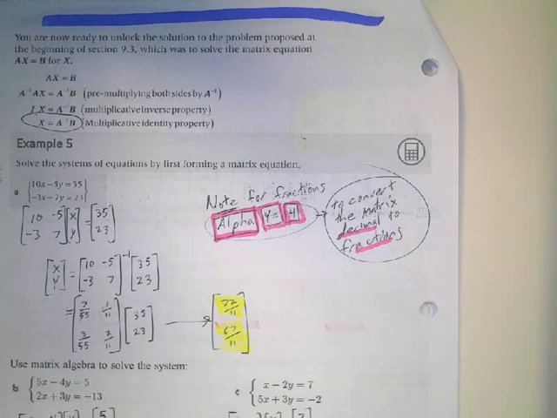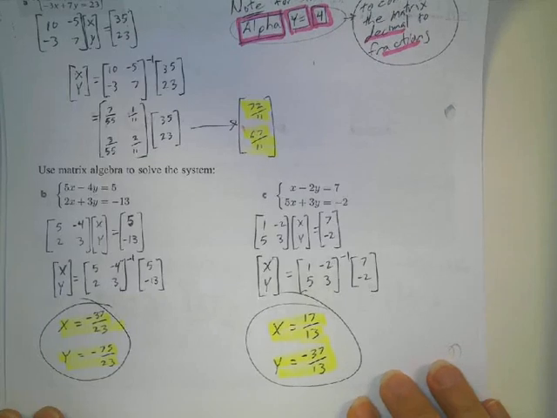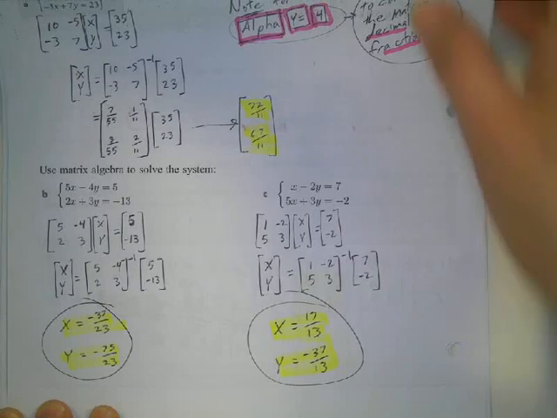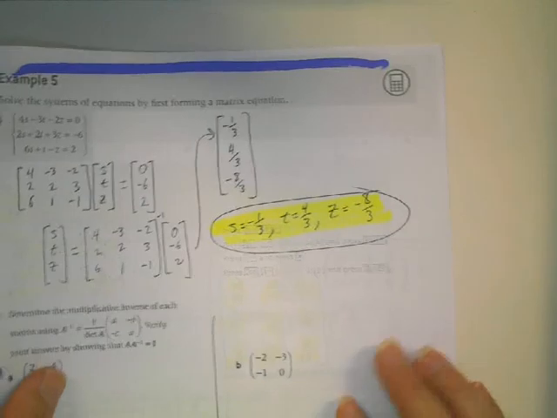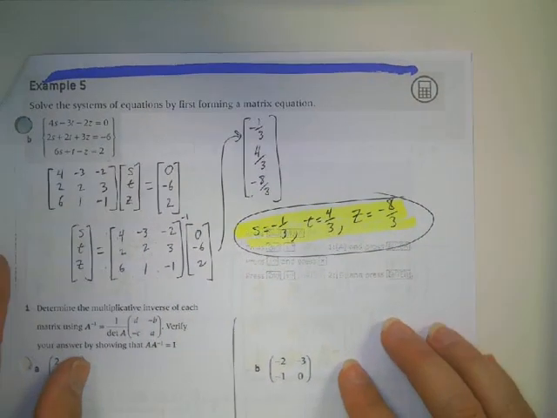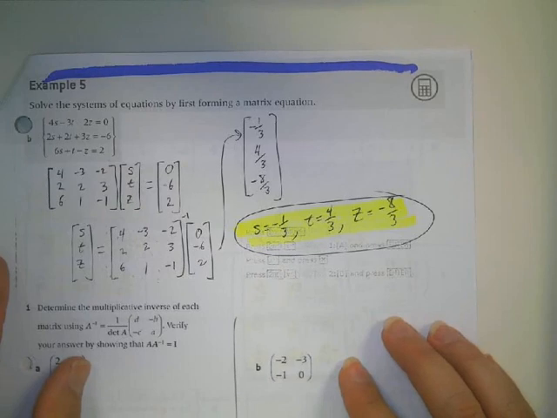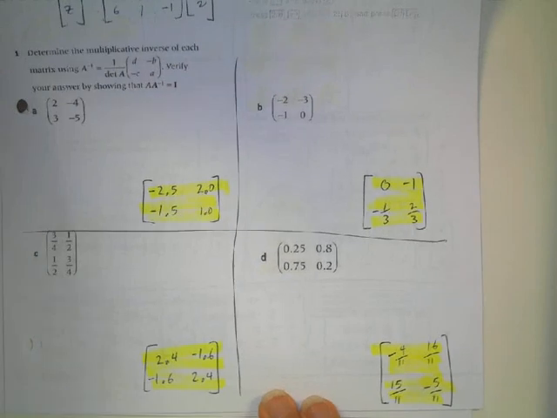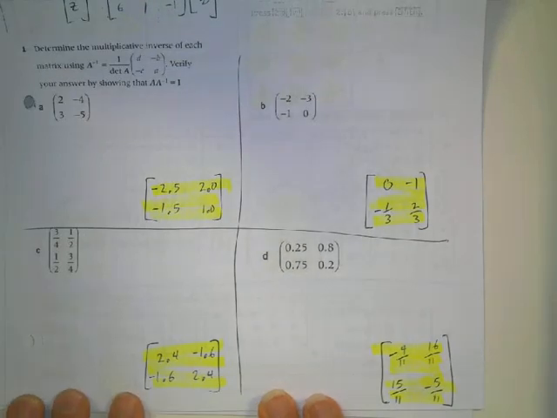Anyways, I'm going to let you check your work. So hit pause, try these on your own, check your work. And same process, hit pause to check your work. You do all of these the same way.